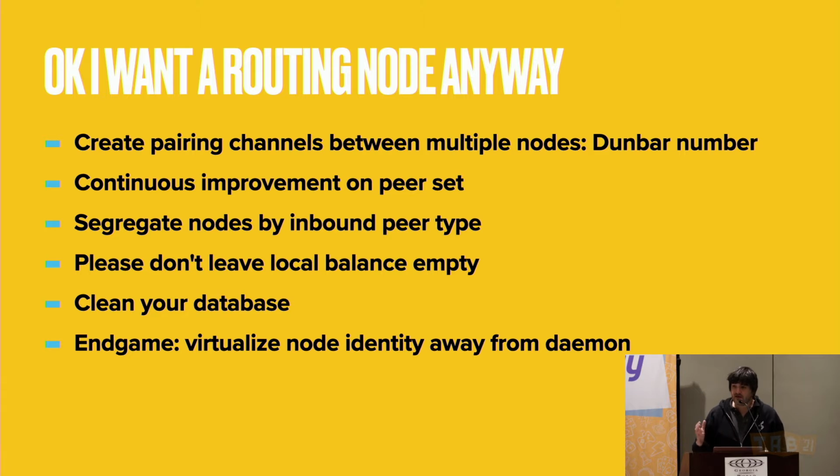So I think of a good number like the theory of the Dunbar number, of how many people you can even keep in your head, who you know and are interacting with. And I think that also applies to the six degrees of separation concept of Lightning. The idea is, if you just have the people that you know, and you want to connect with some random person anywhere on the earth, you can ask one of the people that you know, do they know a person that knows a person that they know?